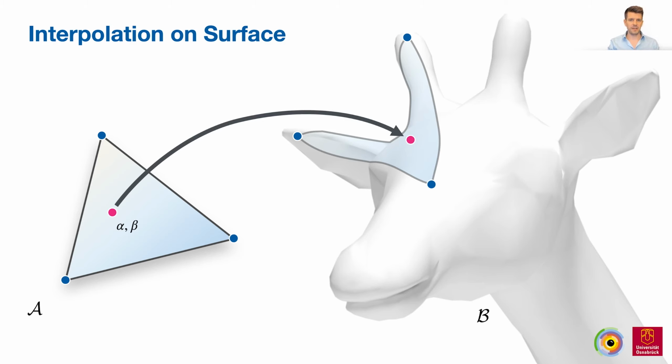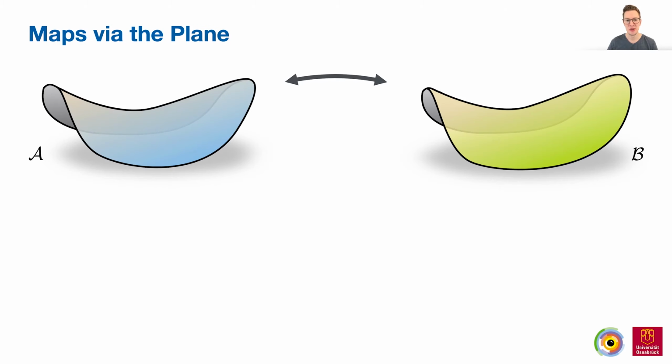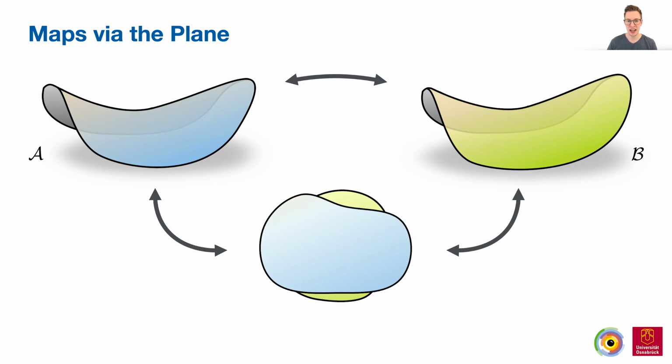To this end, we need to have some kind of explicit or implicit, local or global 2D parametrization of the surface, so as to have 2D coordinates available with respect to which the interpolation can be defined. Earlier we already mentioned that we could use parameterizations for this. So we can overlay the images of both meshes in the plane to define our surface-to-surface map.